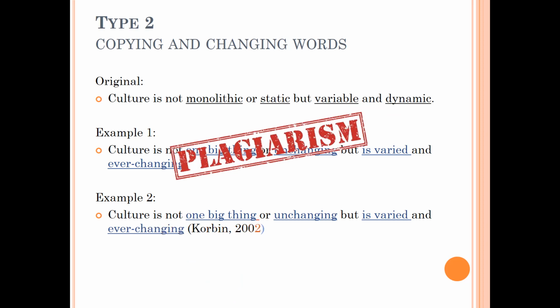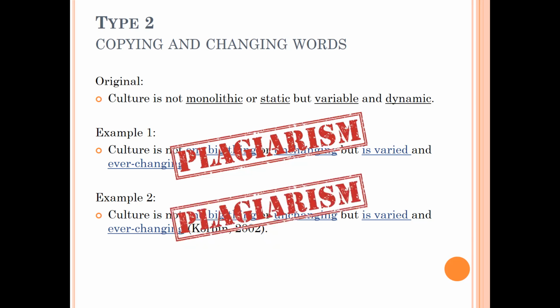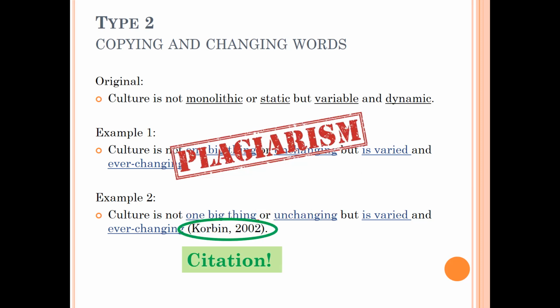Culture is not one big thing or unchanging, but is varied and ever changing. So this is the same as example 1, except now we provided a citation. Woohoo! An author and a year. Is this plagiarism? Yes, it's still plagiarism. Why? Well, even though we may have a citation, the sentence structure is essentially hers, okay?